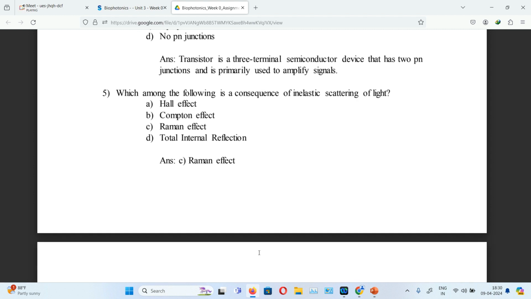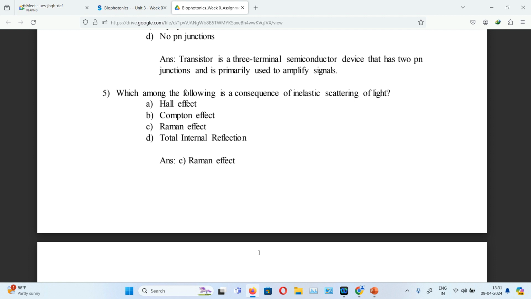Which among the following is a consequence of inelastic scattering of light? What is inelastic scattering of light? Scattering is one of the phenomena of light-matter interaction. When the scattering of light occurs, some of the energy of the light is transferred to the scattering material, such that the light wavelength also changes.